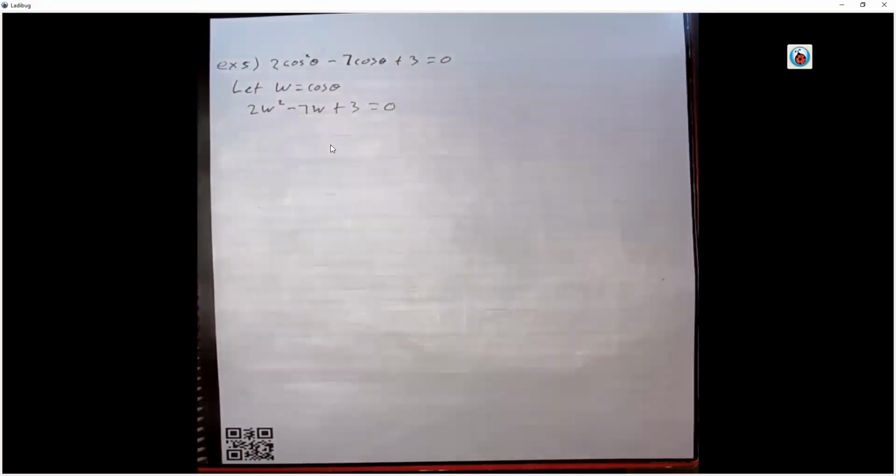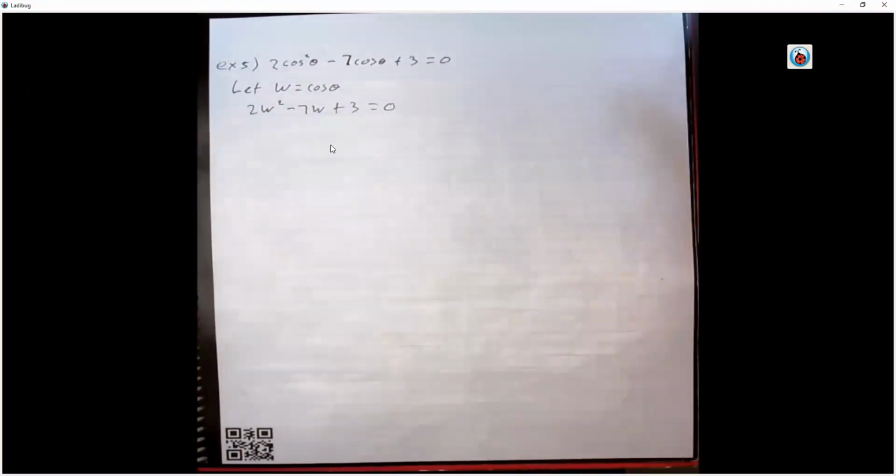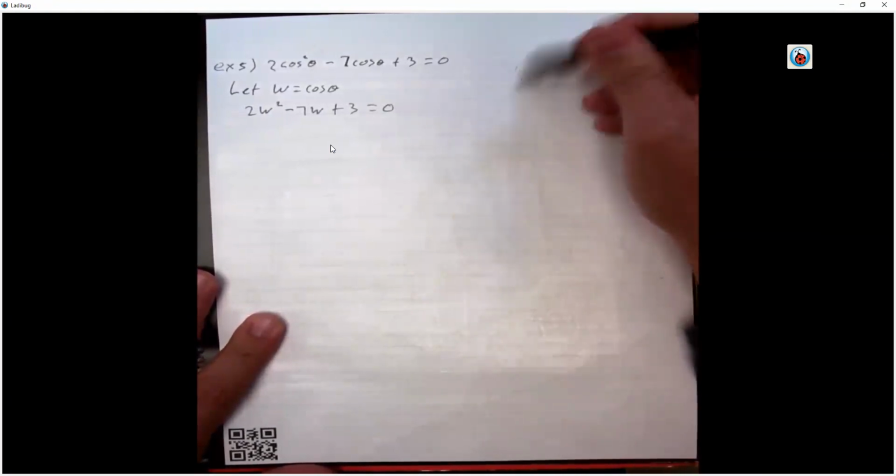Now, you can factor any method you want. Doesn't matter to me. Whenever I see a number that's not a 1 here, I like to do the AC method. If you want to do something else, that's fine. Have I mentioned the AC method? I don't think so.